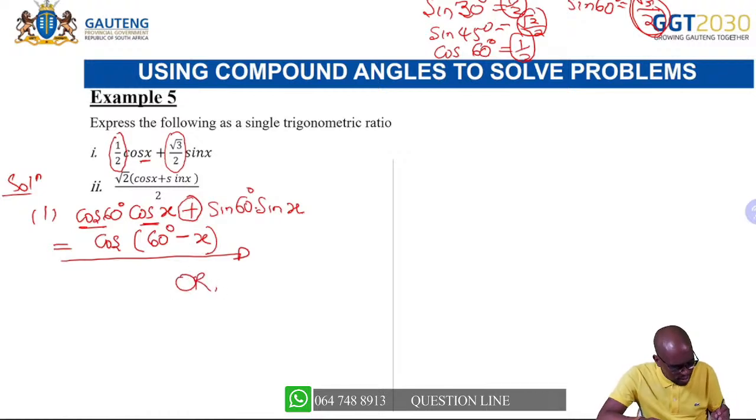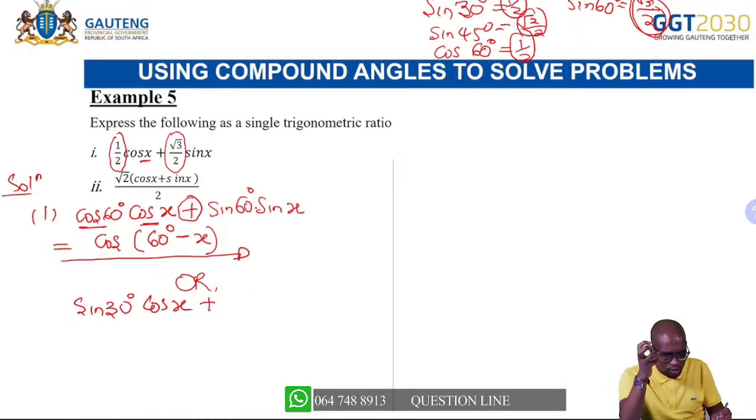Alternatively, let us look at the alternative approach quickly. You can decide to say that half can also be a special ratio for the sine. So I can write it as the sine of 30, the cosine of x, plus, so it's sine cos, which means that I should now have cos sine.